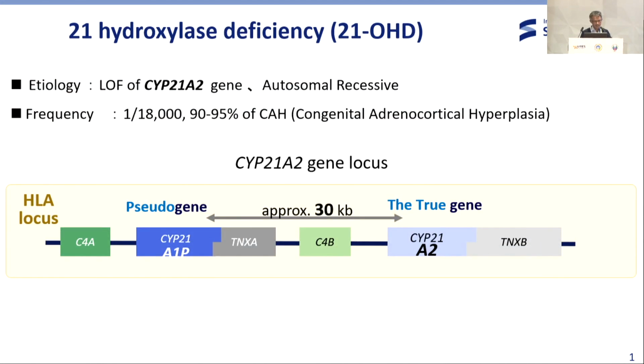As you know, 21-hydroxylase deficiency, 21-OHD, is caused by loss-of-function mutations of the CYP21A2 gene. One characteristic of this gene is that the true gene and the pseudogene are located tandemly in the same locus.